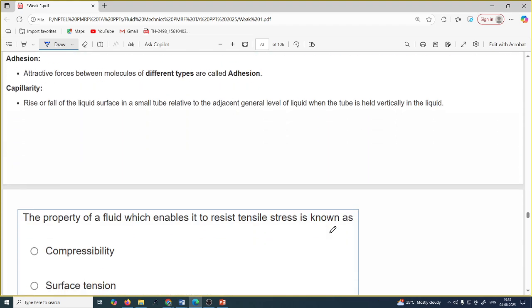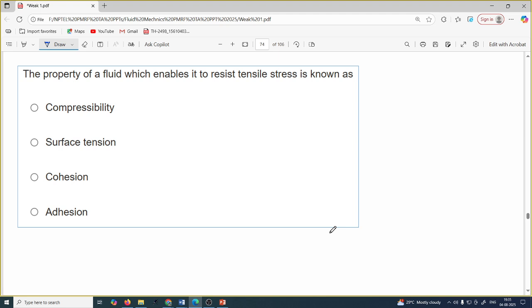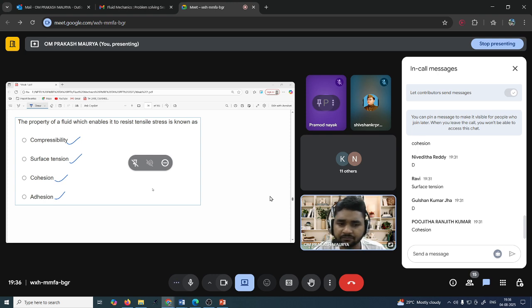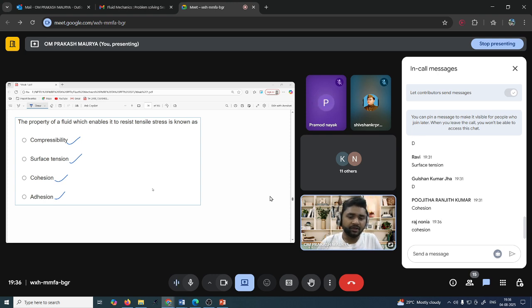So now we'll move on to the next question. The property of fluid which enables it to resist tensile stress is known as: compressibility, surface tension, cohesion, adhesion. Very easy question. Everyone please try to give your answer.